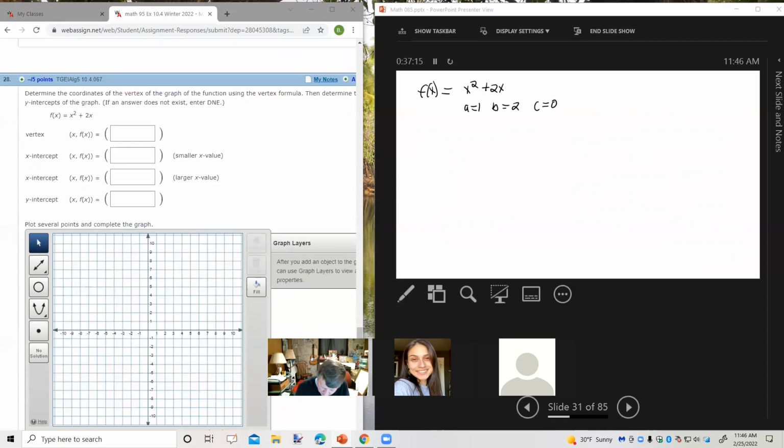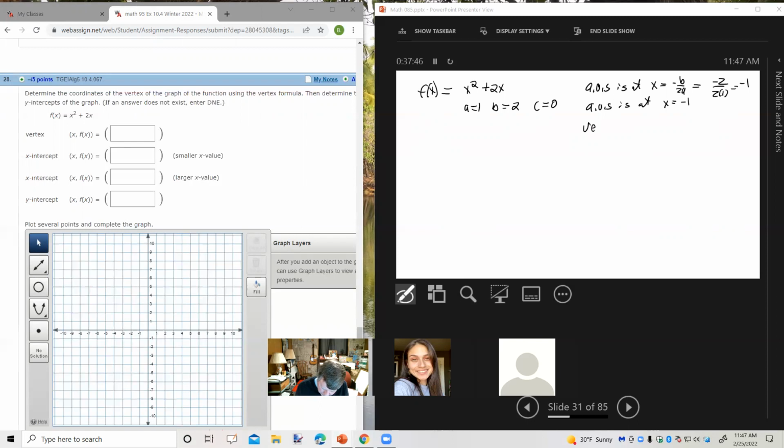Okay. So now, they don't ask for the axis of symmetry, but basically we find the x value of the vertex by finding the axis of symmetry. So I'm going to go ahead and find it. The axis of symmetry is at x equals negative b over 2a, which is negative 2 over 2 times 1, which is negative 1. So the axis of symmetry is at x equals negative 1.